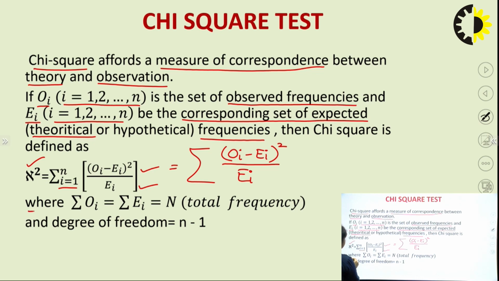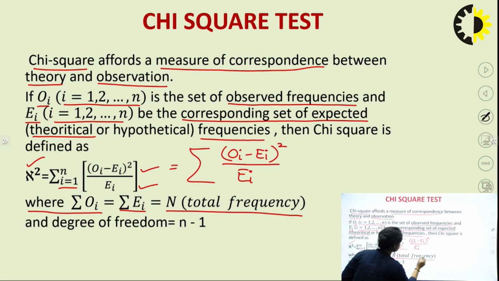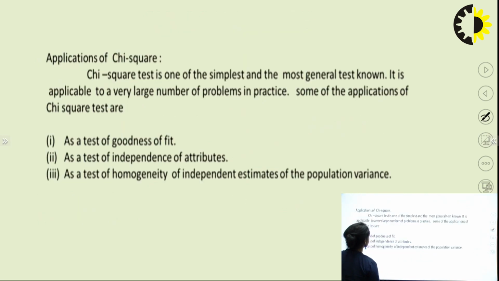The condition is that summation of O_i must be equal to summation of E_i. That means the sum of the expected frequencies must be equal to the sum of observed frequencies and must be equal to the total frequency. If this condition is fulfilled, then only we can apply the chi-square test. Degree of freedom is given by n minus 1 for a one-way test.